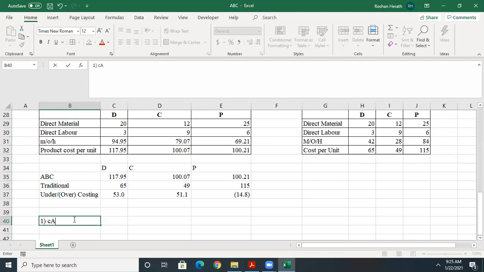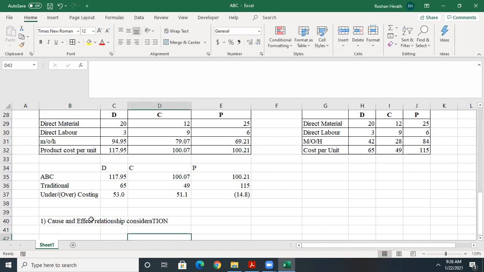So that is one thing, the cause and effect relationship consideration. Once you consider the cause and effect relationship, it results in a more accurate costing.